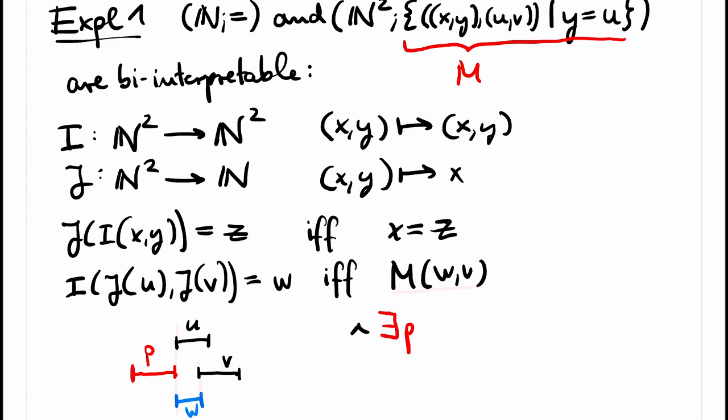By transitivity of equality, we have then expressed that the first entry of u equals the first entry of w. So altogether, we find a first-order formula that defines I composed with J in the second structure. And this concludes the proof that we have a bi-interpretation here.